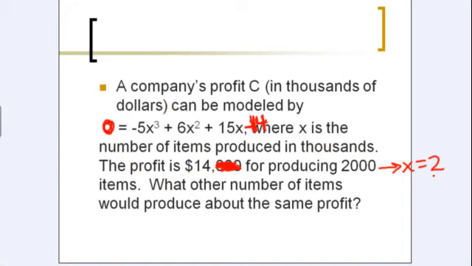All right, so to narrow down my function a little bit, we can do synthetic division. We have the 2 into, again, that 2 came from over here, representing 2,000. And our coefficients, negative 5, positive 6, positive 15, and then the minus 14.